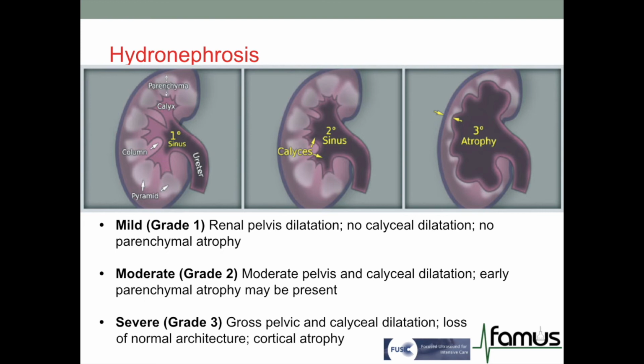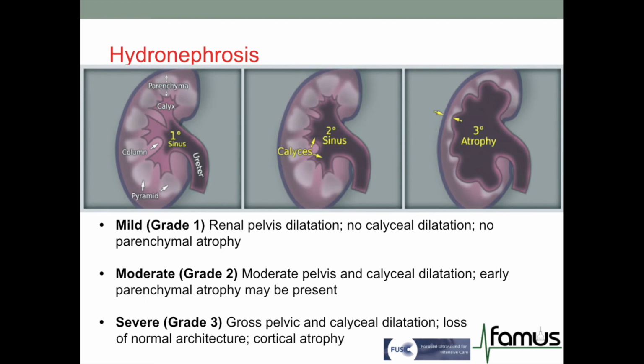Okay, so our aim is to diagnose or rule out hydronephrosis. So the question we have is whether or not there is hydronephrosis and what is the degree of hydronephrosis. We know that hydronephrosis is traditionally divided in 3 degrees. In the first degree, we will have just a dilatation of the renal pelvis, but the calyx will be not dilated.